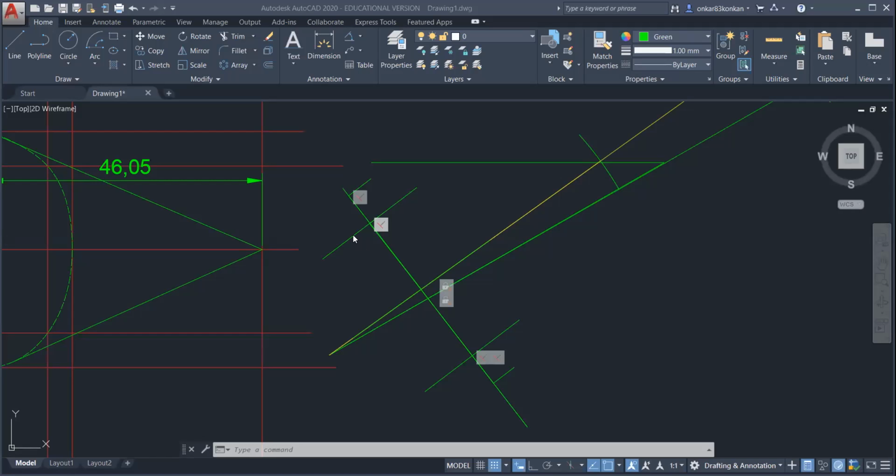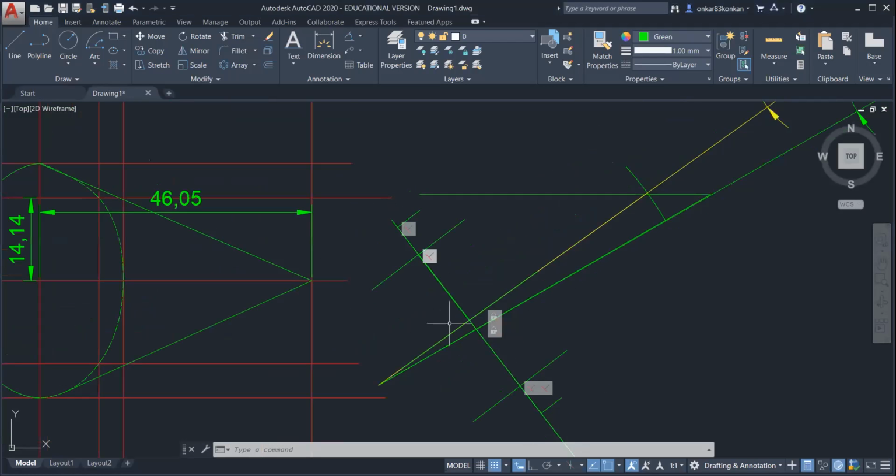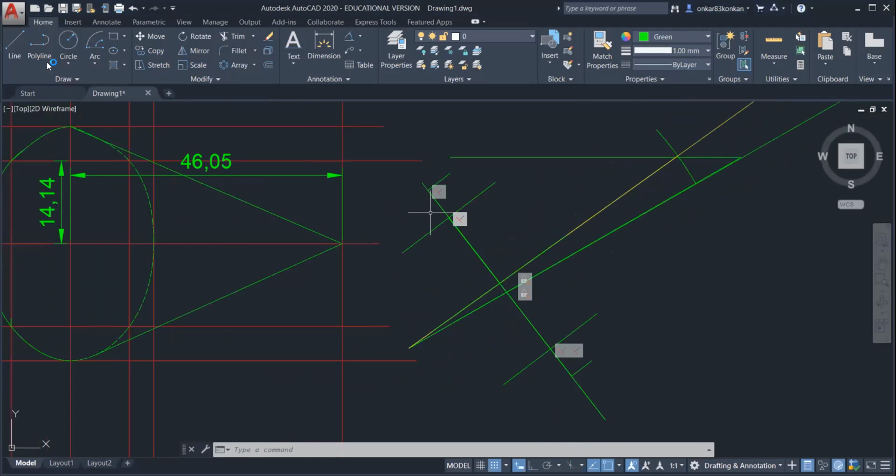Once you draw these lines, then from the end points of this line, you can draw the smooth curve. So this is the extreme point for that curve.